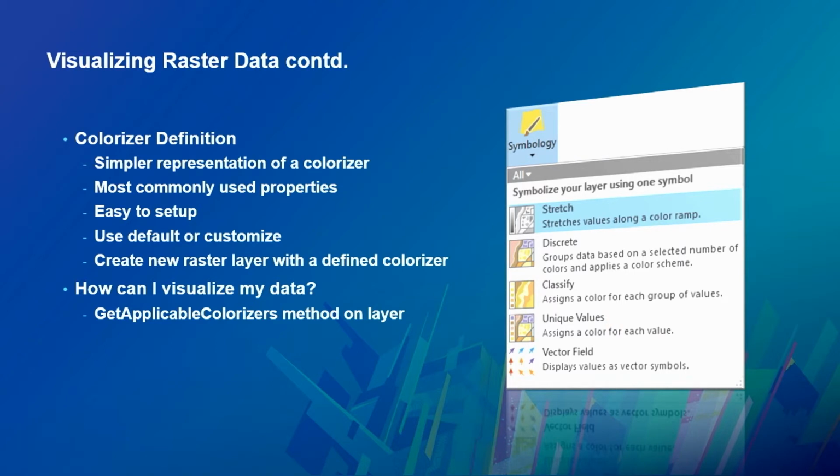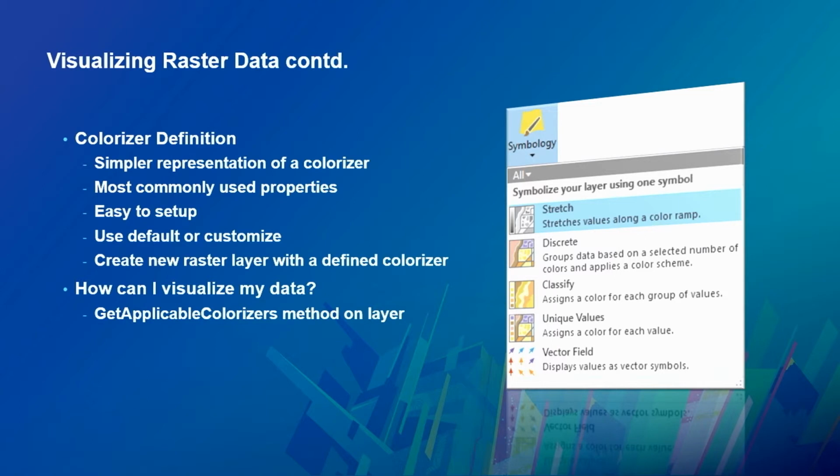Now, when we first implemented access to colorizers, setting up a new colorizer object was pretty tedious because you had to set like 15, 20 properties on it. And we heard complaints about how hard it was to set up. So at Pro 2.0, we added the concept of a colorizer definition, which is basically a simpler representation of a colorizer and contains only the most commonly used properties for the colorizer, which makes it very easy to set up.